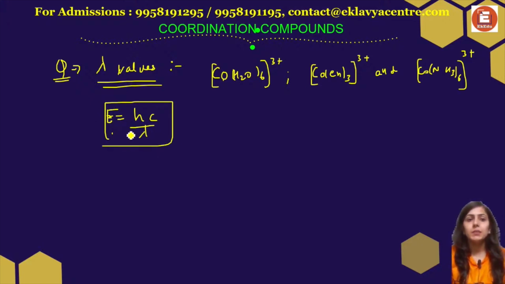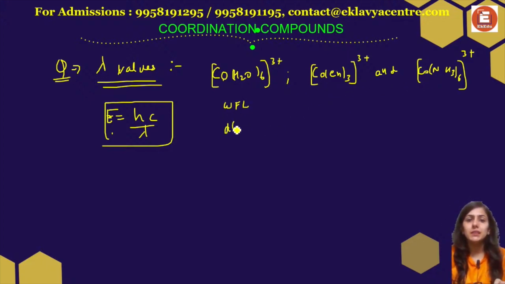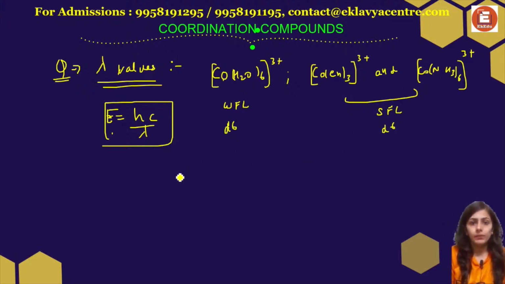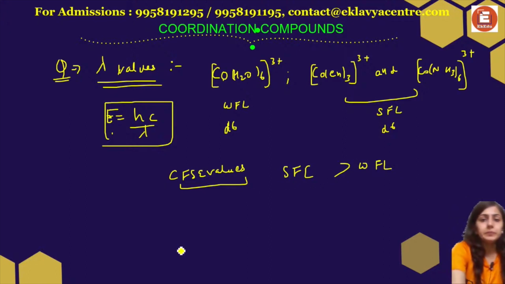So we know that this is a weak field ligand. These both are strong field ligands. Cobalt is d6. We know that the CFSE values for strong field ligands are higher as compared to weak field ligands.